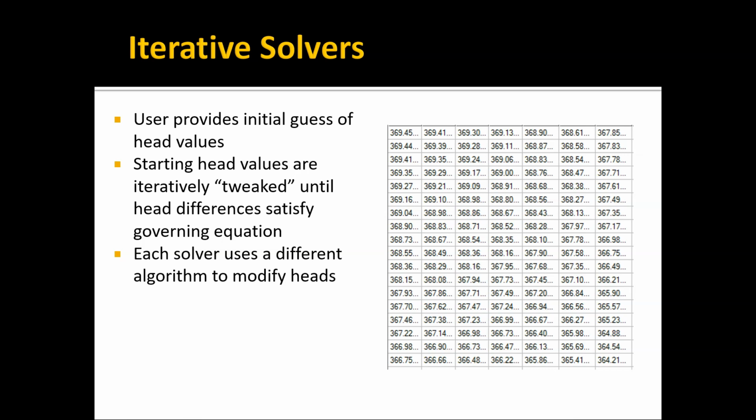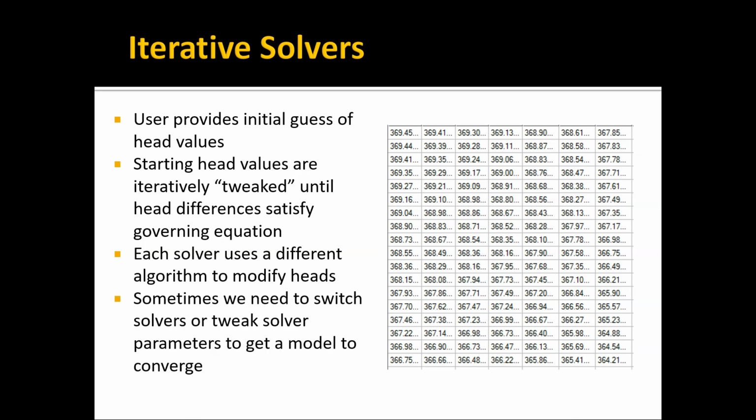And the process involved in each of these solvers, it's fairly complicated. There's a lot of linear algebra involved. Each of the solvers is really well documented, and you can read up on that in more detail if you like. We're not going to go deep into the algorithms used, only to understand in this lecture that each solver has a different approach or algorithm for modifying those heads.